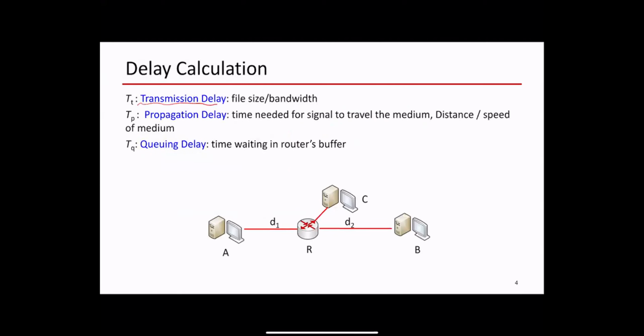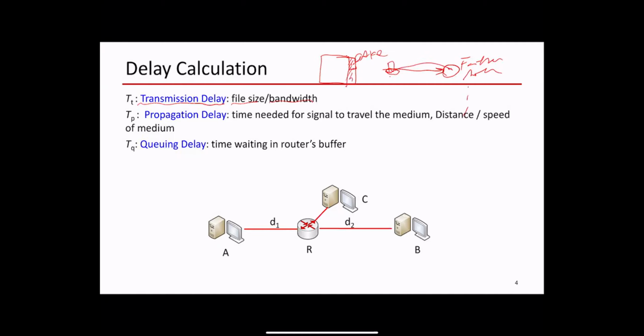TT is the transmission delay: file size divided by bandwidth. Meaning, I have this cake, and my baby is delivering it on a dish to the destination, let's say to father, mother, or a family member. What the baby can do is deliver small pieces on the plate and give them to father.